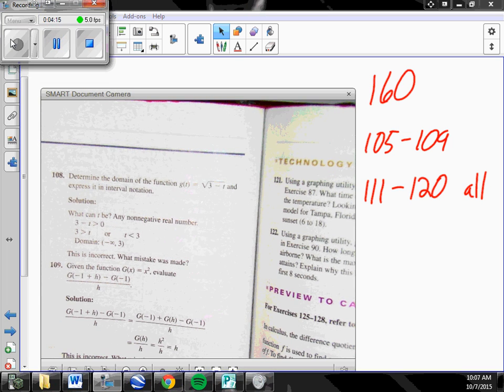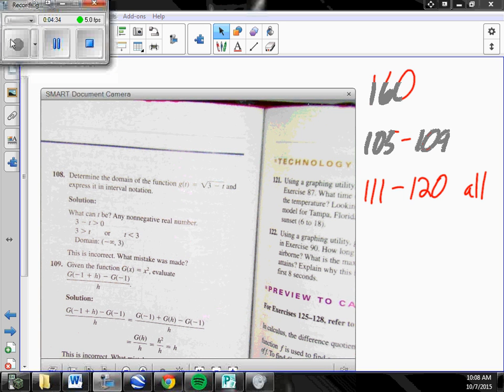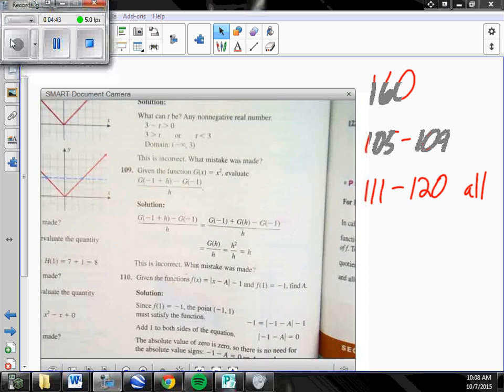Determine the domain, and they came up with -infinity to 3. What's the problem? The only problem is the bracket on 3. It should be a bracket on 3 because plugging in 3 gives you the square root of 0, which is a real number. Okay? 109.